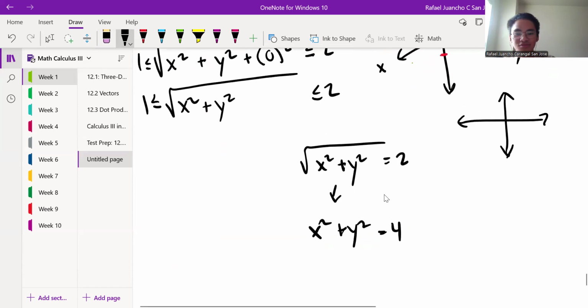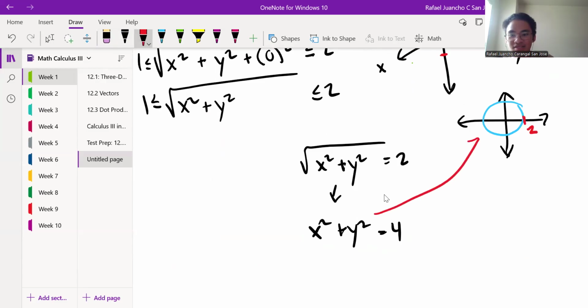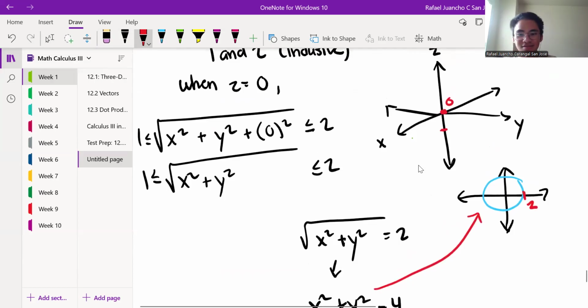Which is just a circle equation. It's this one with the radius 2, right? This thing is this one with the radius 2. And if we look at something like 1, it's the same idea. And if we apply that to our 2D, it's probably somewhere here with a radius 2.